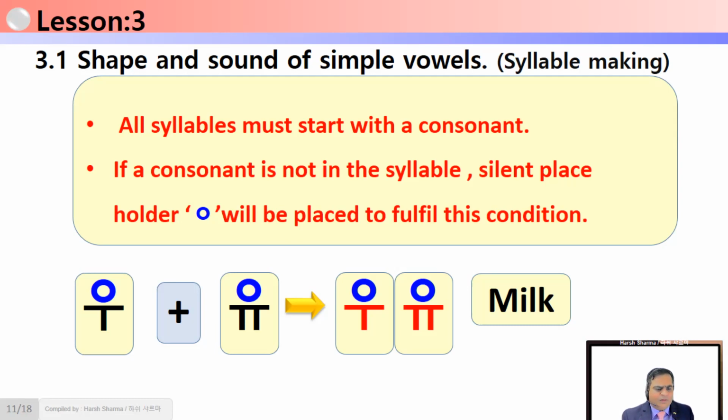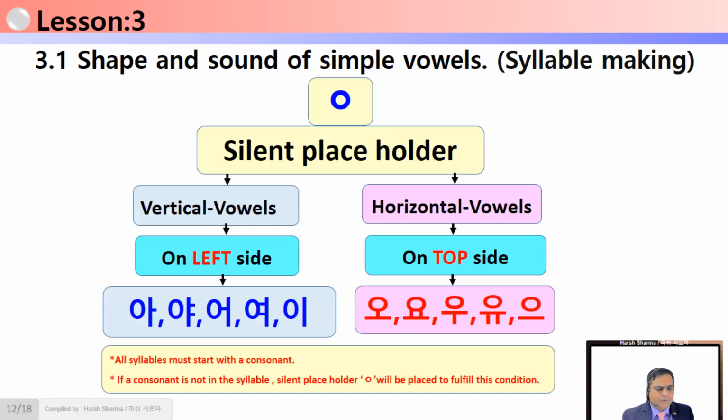Let's check one more word. Before going to the next word, see on your screen, this circle, the silent placeholder, we have put on the top of U and on the top of U. Now students ask this question: where do I have to put this circle? Top, bottom, left or right, with the vowels?